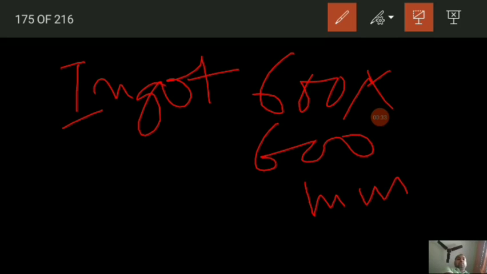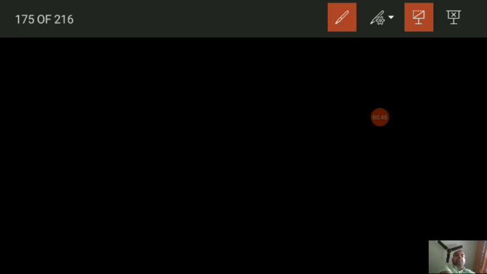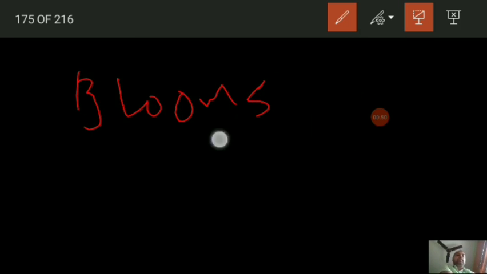That will be the cross section of an ingot of steel coming out of remelting or blast furnace. Now these ingots are further processed in rolling mills to produce the intermediate shapes such as blooms, slabs and billets.